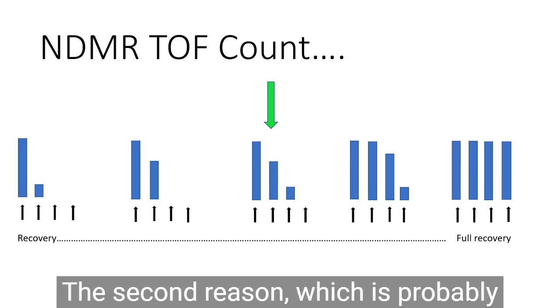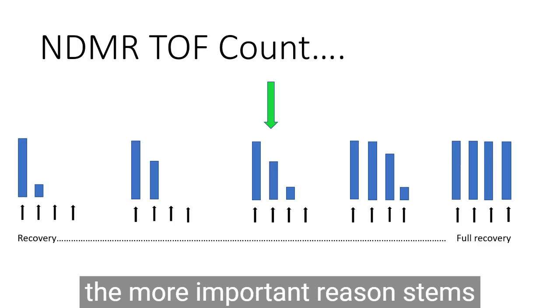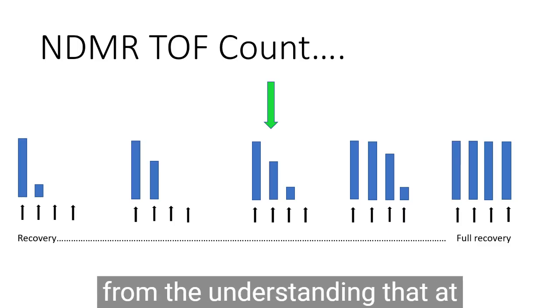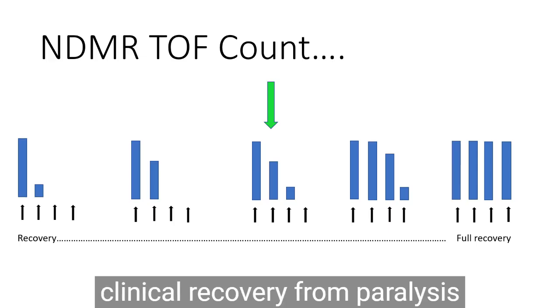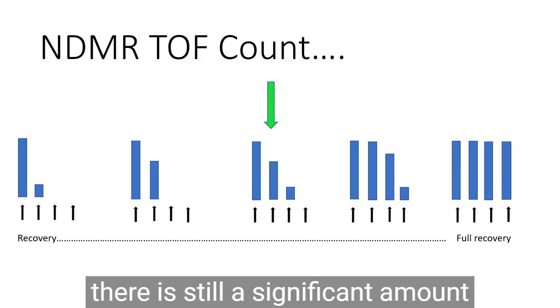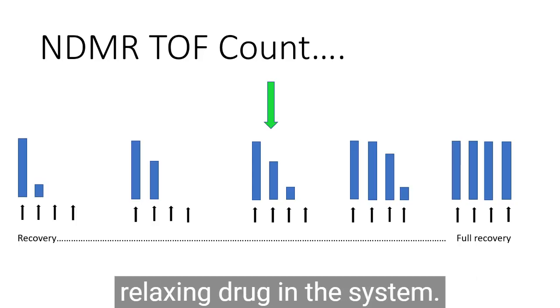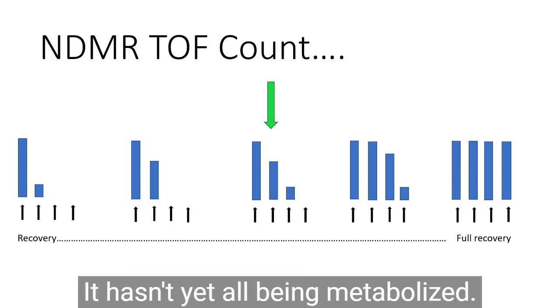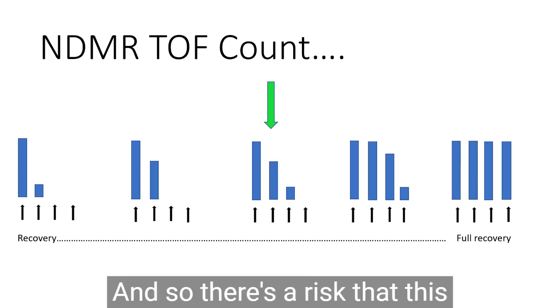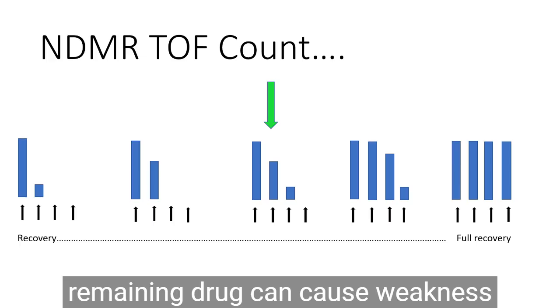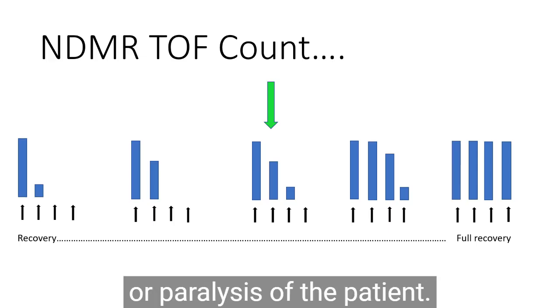The second reason, which is probably the more important reason, stems from the understanding that at clinical recovery from paralysis, there is still a significant amount of the non-depolarizing muscle relaxant drug in the system. It hasn't yet all been metabolized. And so there's a risk that this remaining drug can cause weakness or paralysis of the patient.